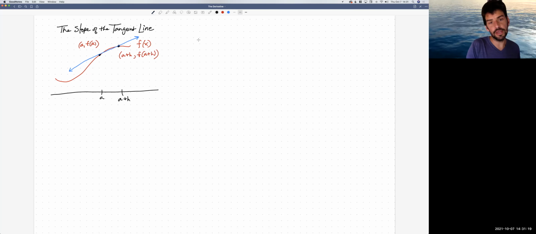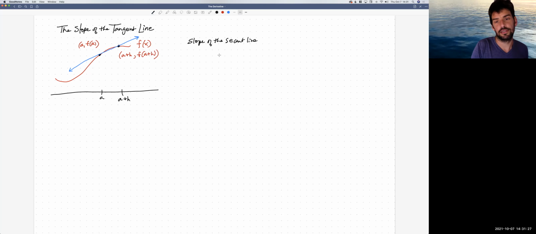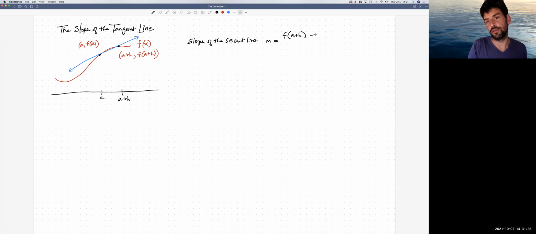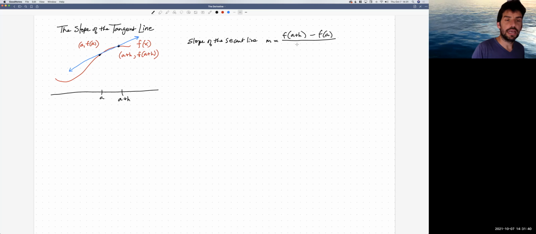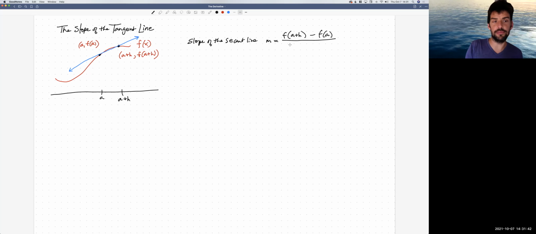And the slope of the secant line, well, we just take the difference in the y coordinates, the output values, and the difference in the input coordinates.